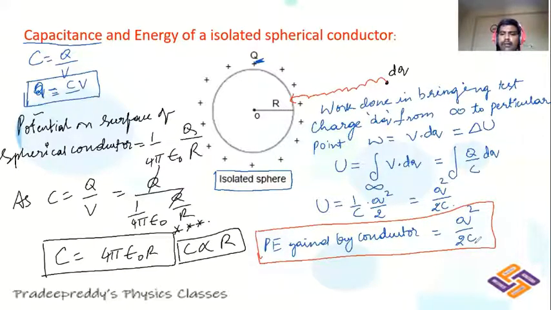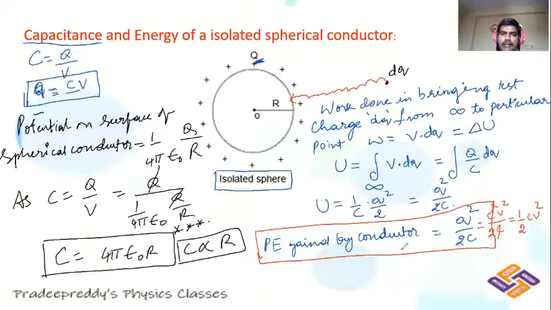Now as we know, Q is equal to CV, you can just substitute that here. So this gives you C square V square divided by 2C. C and C get cancelled. So this can also be written as half C V square. So the first equation is in terms of Q and C, we do not have V. The second equation is in terms of C and V, you do not have Q. And in the next one, you can eliminate C and write it in terms of Q and V. How do you write it?